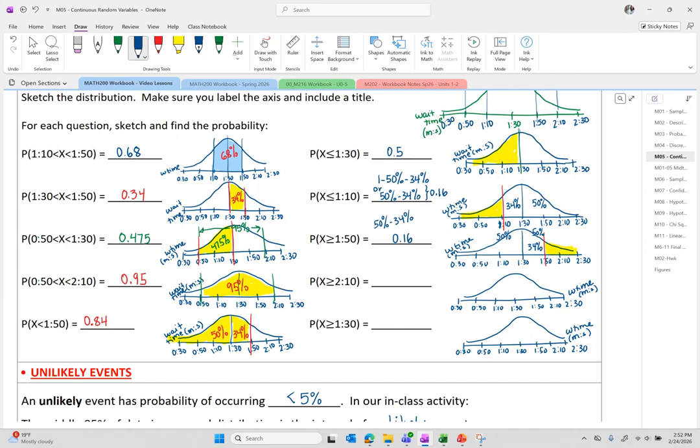How about greater than 2.10? 2.10 is 2 standard deviations above the mean, and we are looking for the little tail to the right of the curve. If you remember, the empirical rule says that 95% of the data will be within 2 standard deviations from the mean, and that means that 5% of the data will be below or above those two values.